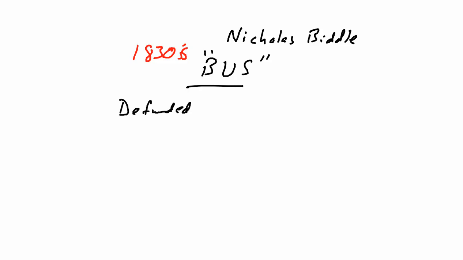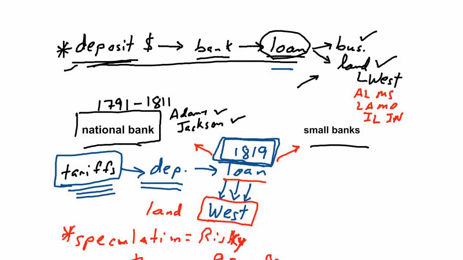So basically, the Bank of the U.S. was defunded and went broke, or just ran out of money, and so it stopped making all those loans. And so the smaller banks, that we talked about up here, started making the big loans.